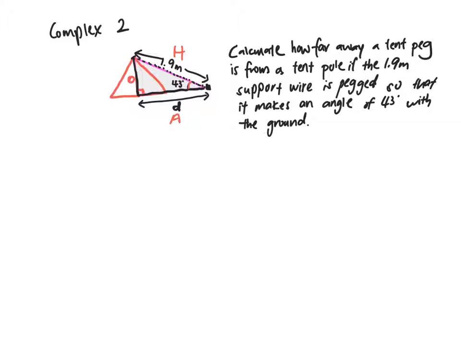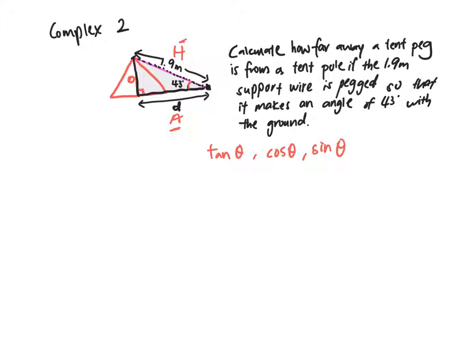Okay, so I want you to pause the video and try to find out which of these formulas, tangent, cosine, and sine, uses adjacent over hypotenuse, because that is what you need to find the length from the pole to the peg.